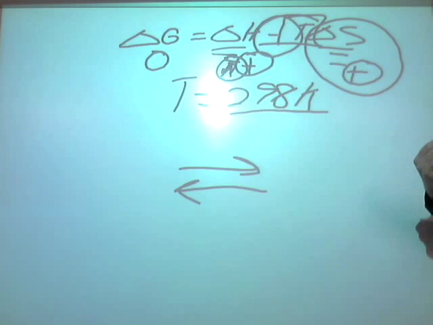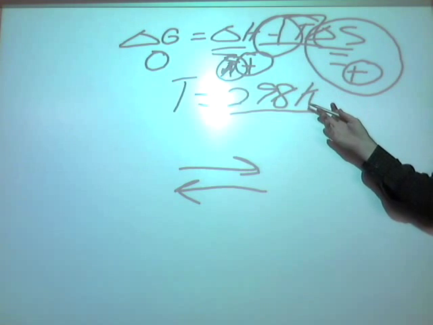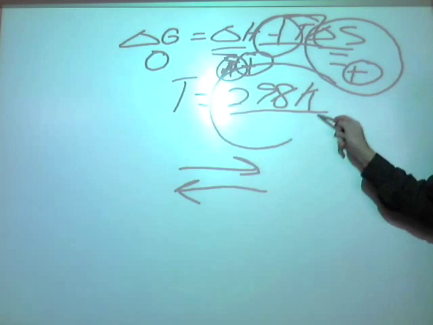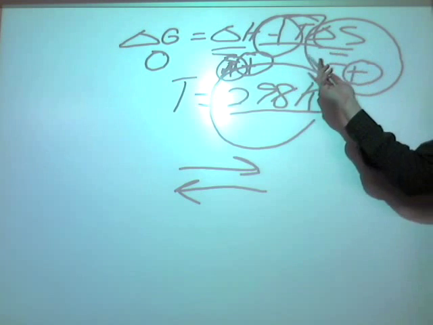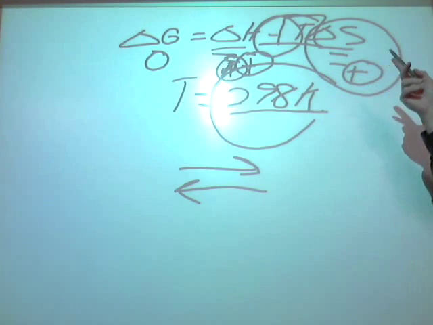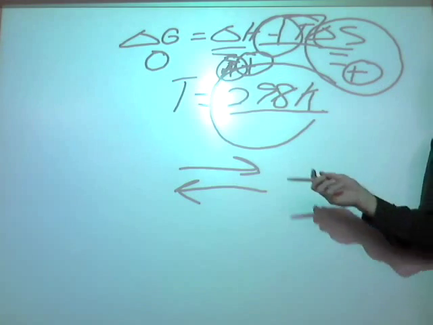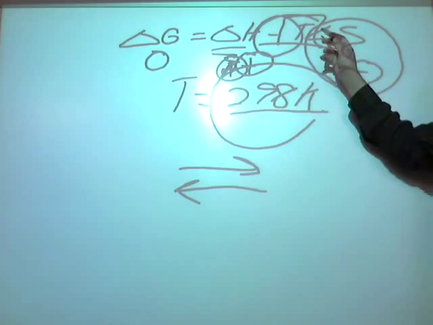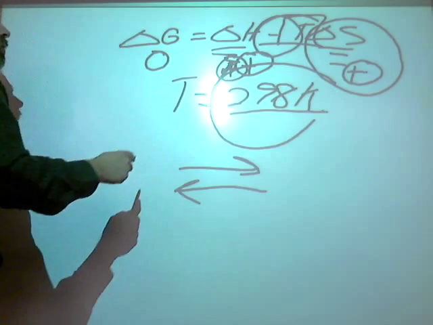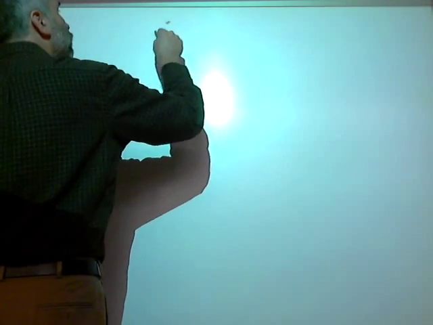So I'm going to have a better chance of being spontaneous. So this will be spontaneous at temperatures above 298. But let's switch those around. Say I have negative and negative. Then it will be spontaneous at temperatures below 298. But the point is I'll be solving for T because delta G is equal to 0.